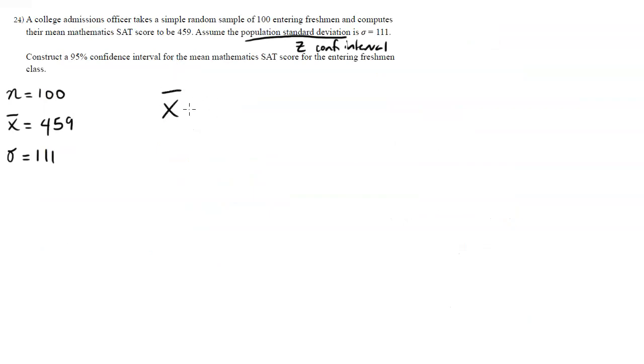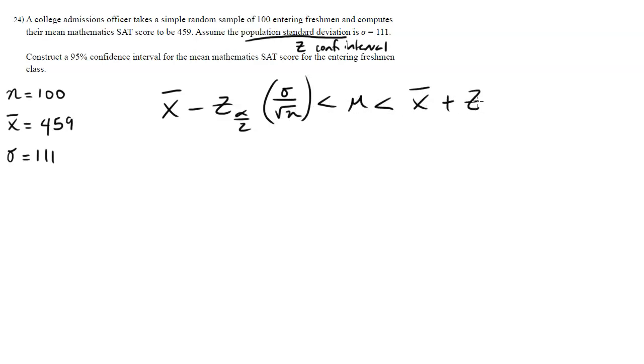So X bar minus the Z alpha over 2 value times the standard error of the mean. That's the lower bound, and the upper bound is just X bar plus Z alpha over 2 times the standard error of the mean. We have all the information we need besides the Z alpha over 2 value.